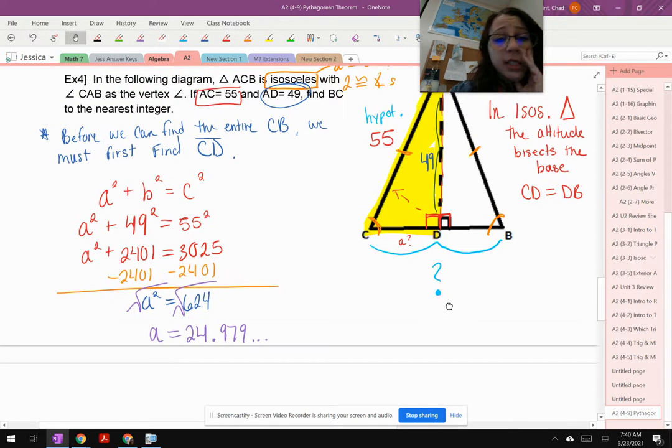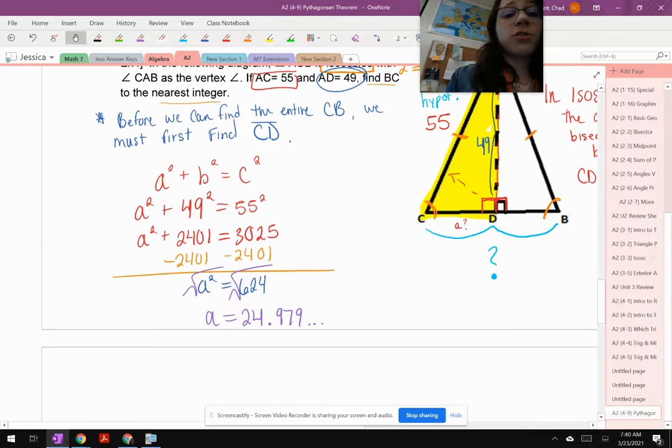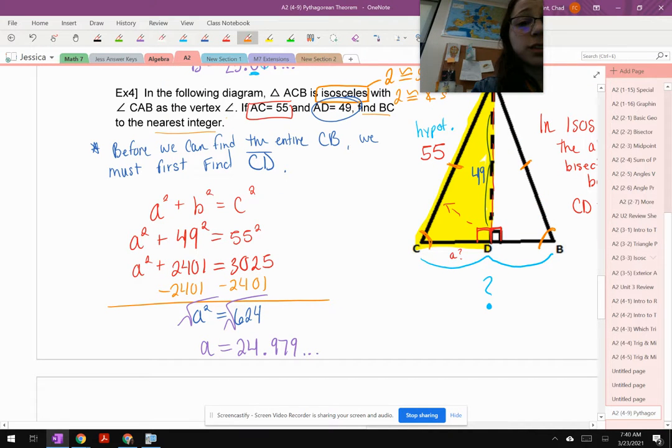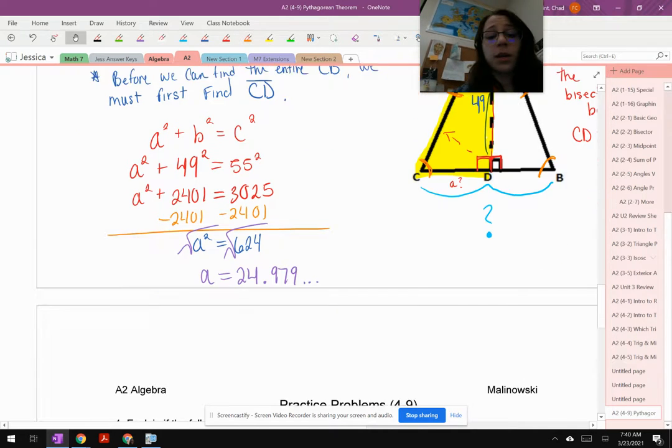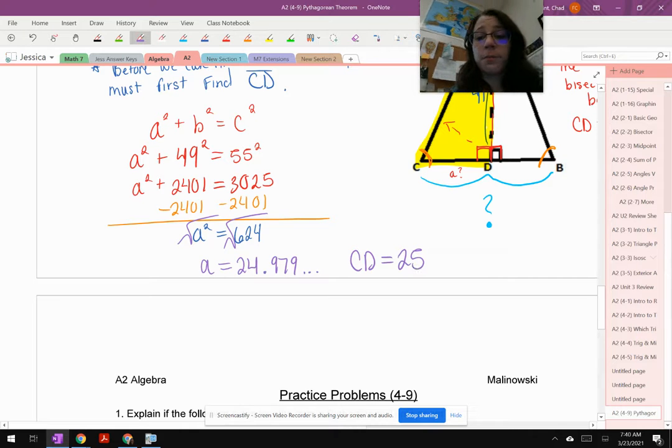Okay, last but not least, find BC to the nearest integer. So if we round that to the nearest integer, and when they say integer, let's make a point of that, that just means nearest whole number, that would round to CD being equal to 25.